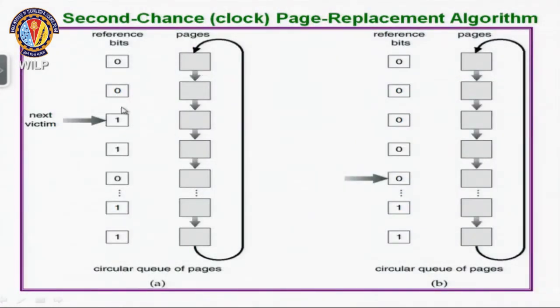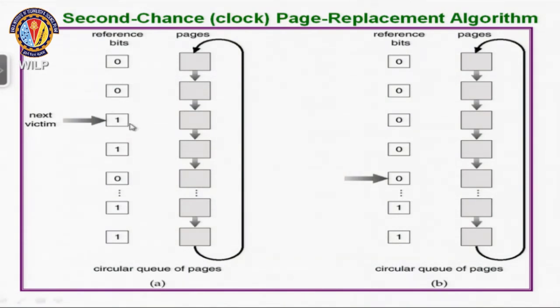In this case, we have a snapshot. We have a circular queue of pages maintained like this, and a next victim pointer which is pointing here, and for these pages, as I said, we maintain a reference bit. For this victim page, the reference bit is 1, and we are going to implement a second chance.